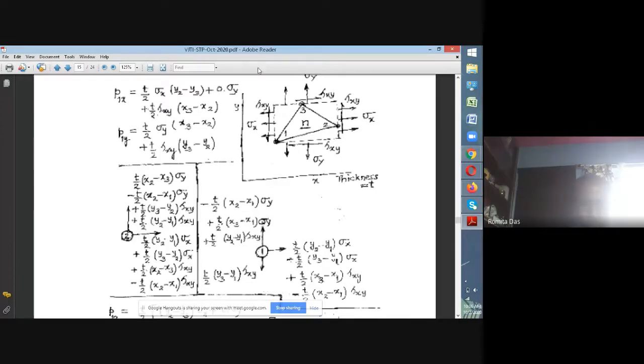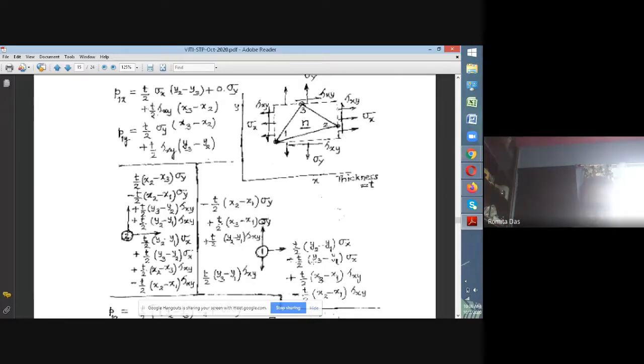So we have taken these two loads. Now we will also have load due to sigma y acting on this area, x2 minus x1 multiplied by t by 2 into sigma y. So it is in the negative direction.